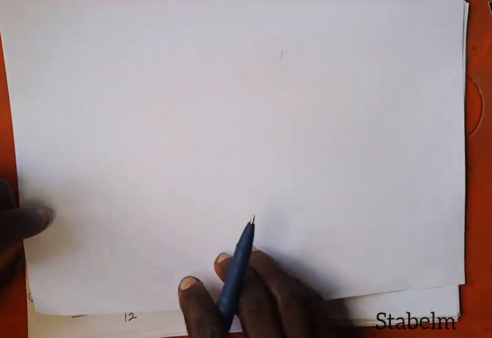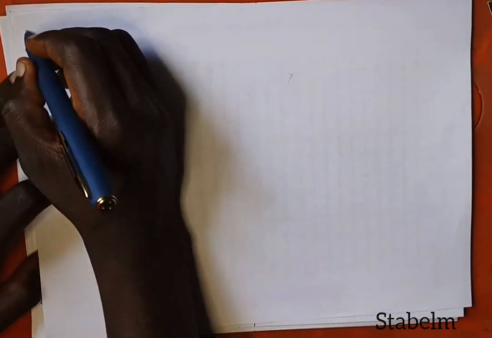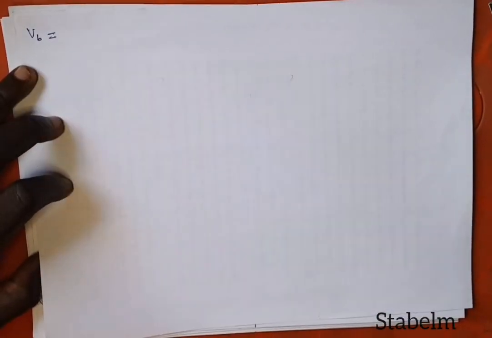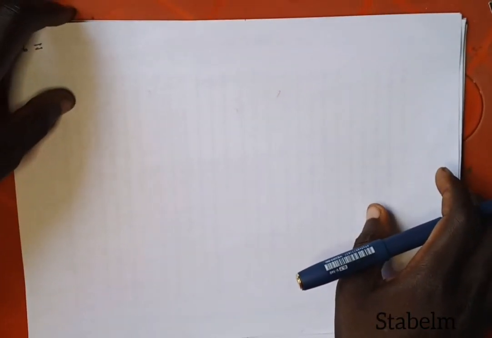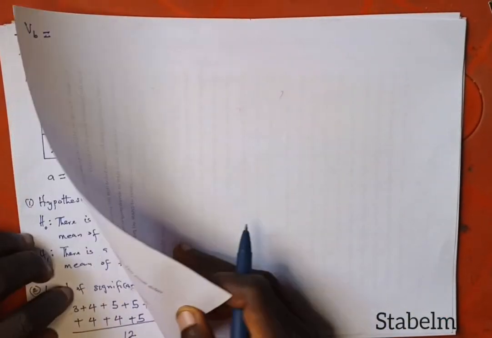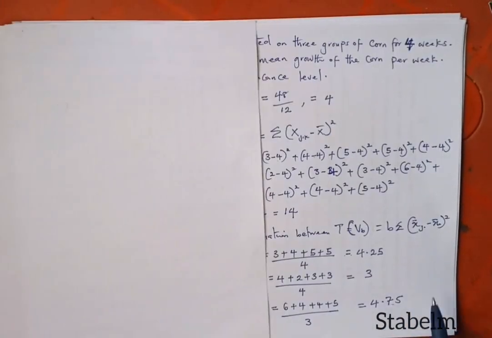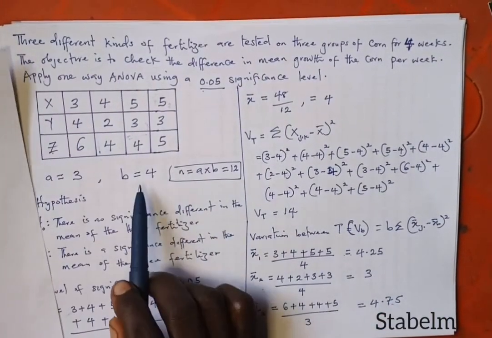Okay, so the variation between equals, we should not forget that from the formula we have b here, and our b right from here equals 4.